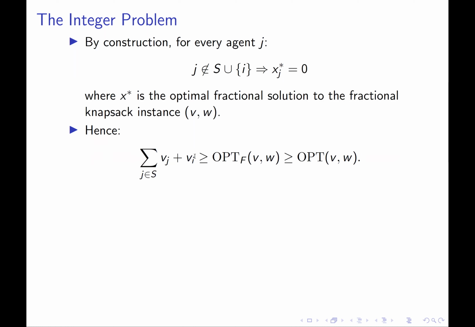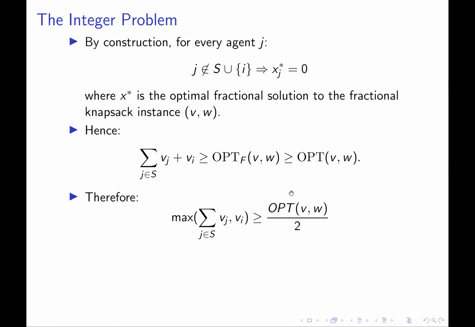Because nobody else got allocated in the optimal fractional solution, this sum is at least as big as the optimal fractional solution. In fact, it's strictly bigger because bidder I wasn't fully allocated in the optimal fractional solution. And in particular, it's also bigger than the optimal integer solution because the optimal fractional solution is only bigger than the integer solution.